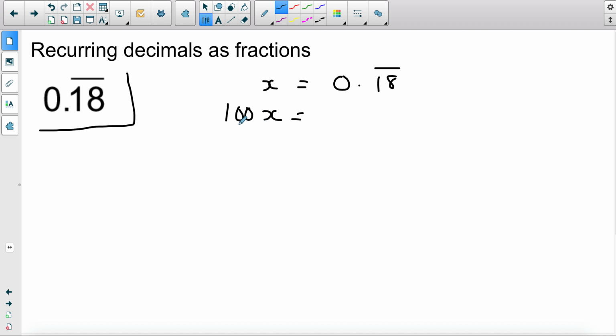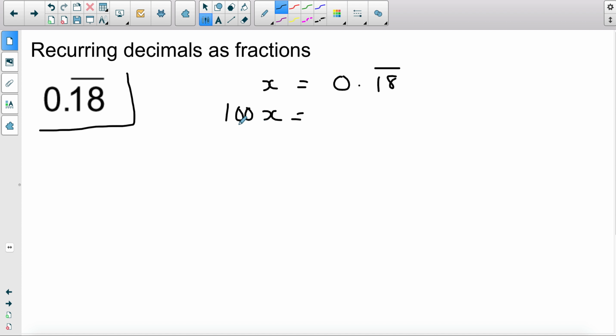which is 123.123123 recurring, minus 0.123123 recurring. Again, notice that your decimal values match and they will cancel out. And so on the right-hand side, you'll end up with 123, and on the left-hand side, you'll end up with 999x.